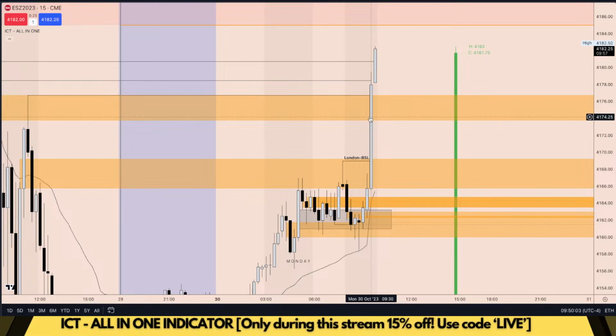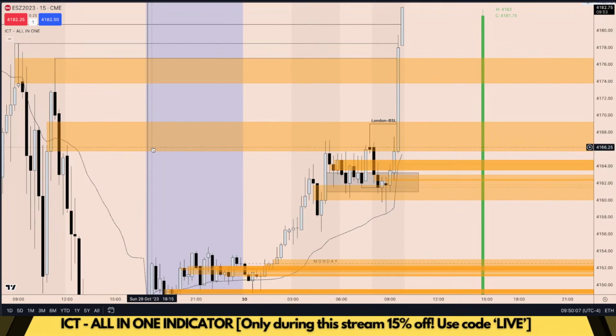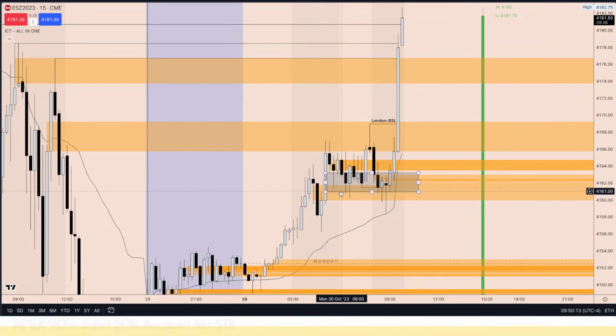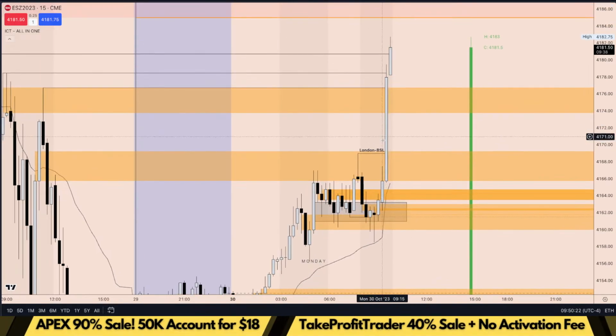So there's a little difference for all the European traders now, where the London kill zone moved 1 hour closer to the New York kill zone. The London kill zone right now ends at 6 a.m. New York local time, and it's starting at 3 a.m. The London Open therefore is at 4 a.m. All the rest is still the same, but it's 1 hour earlier.